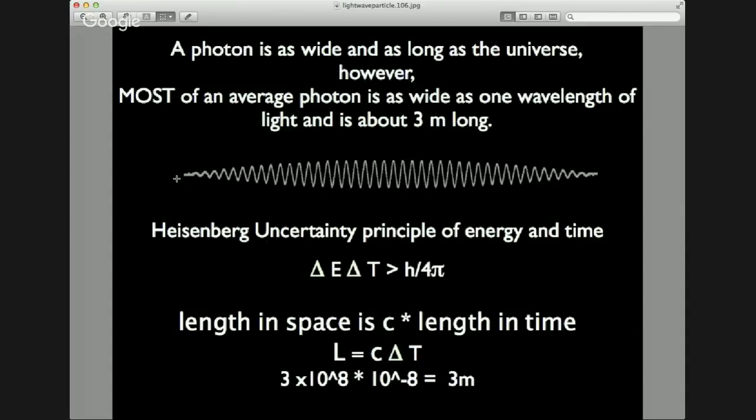So there are like 10 million oscillations within one photon. But those oscillations in the modern quantum mechanical view are not electromagnetic. And you can see that these waves have an envelope. They're very small at the beginning of the wave, and they're maximum in the middle, and very small at the other end in this diagram.